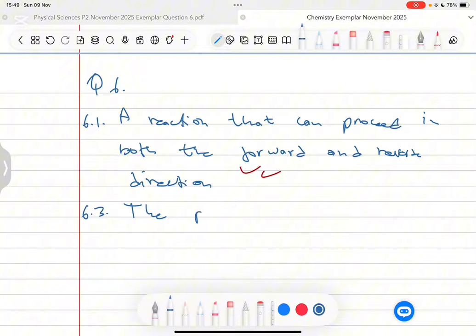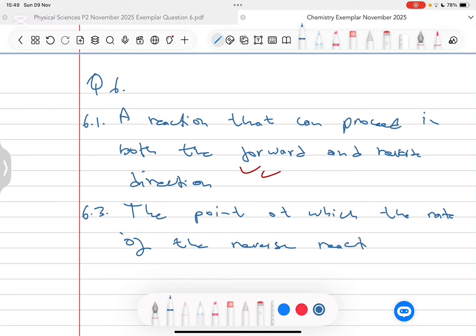So dynamic equilibrium really is a point at which the rate of the reverse reaction equals, or you can say is the same as, the rate of the forward reaction.